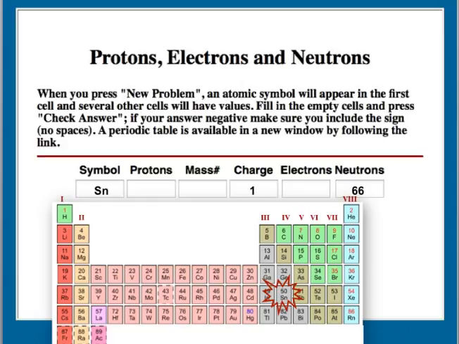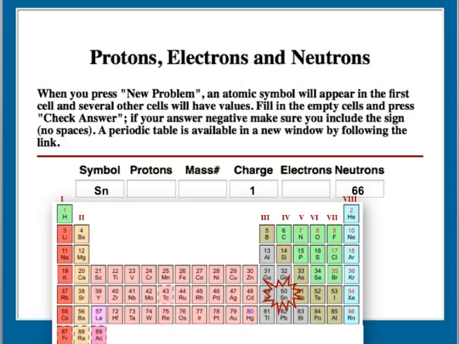Now our charge is +1. Note on the tutorial, don't put the plus in, just put a 1 if you're asked. But it's +1. Now in order to be +1, that means it must have one more proton than it does electrons, right? Because protons are positive, electrons are negative, we must have one extra proton.